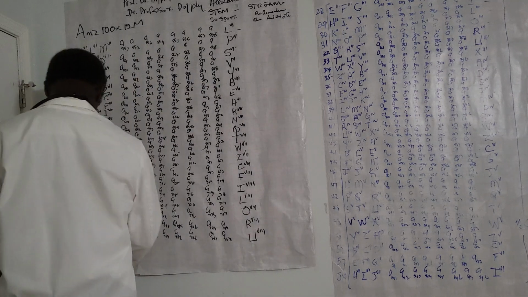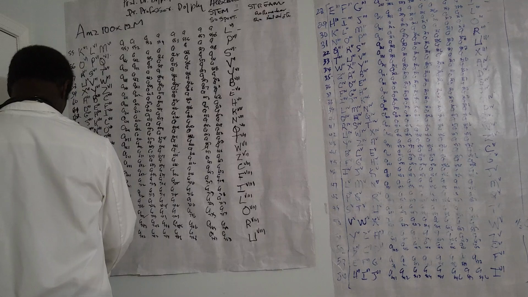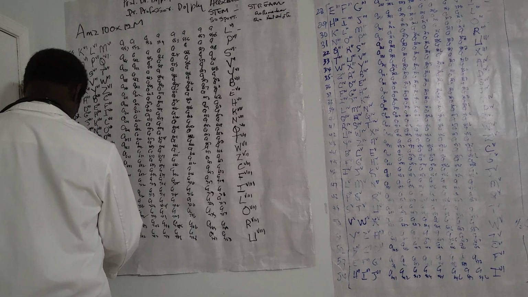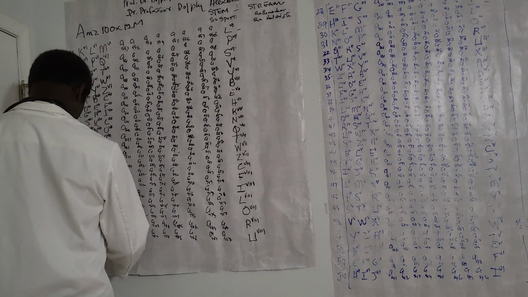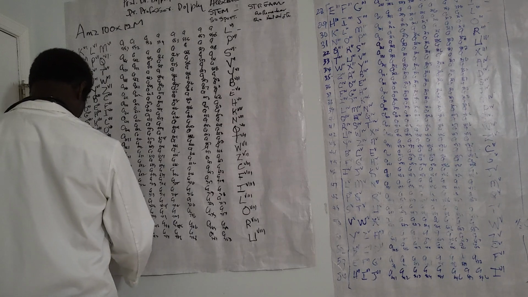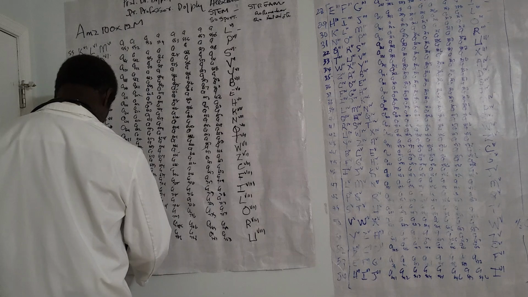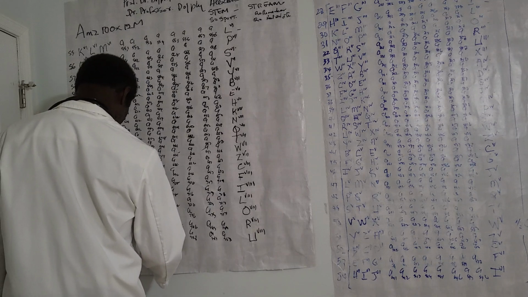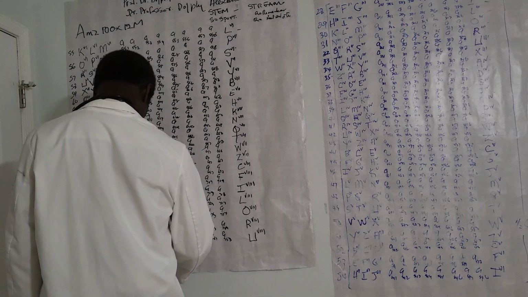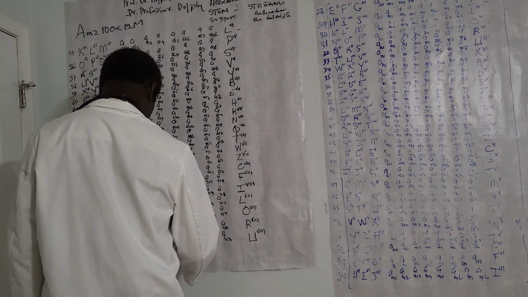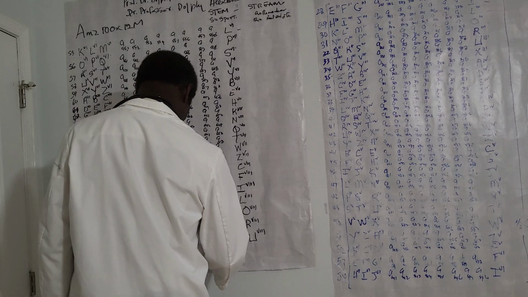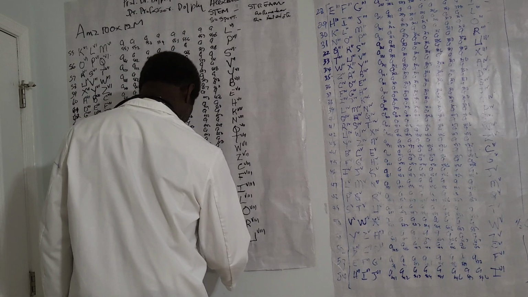And 76 here now. W, X, Y, V3I, V3I, V3I. And we have now A 76 1, A 76 2, A 76 3, A 76 4, A 76 5, A 76 6, A 76 7, A 76 8.